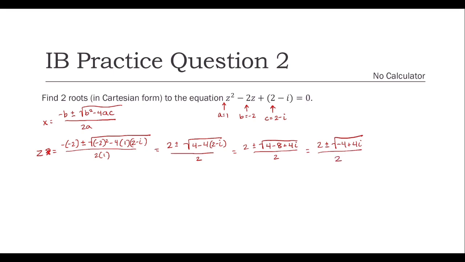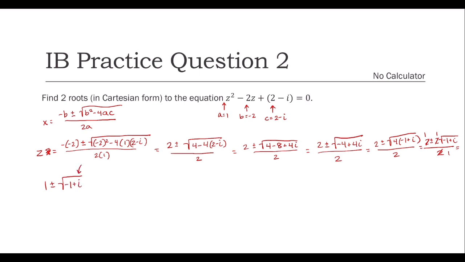So before we find our root, we can do some simplification. We have 2 plus or minus the square root of 4 times negative 1 plus i, over 2. Our square root of 4 is equal to 2. So we have 2 plus or minus 2 times the square root of negative 1 plus i, over 2. So we can simplify by dividing everything by 2. So this is 1 plus or minus the square root of negative 1 plus i.